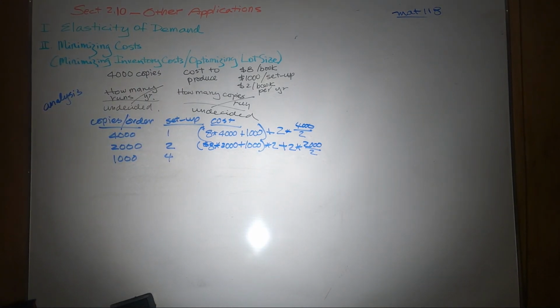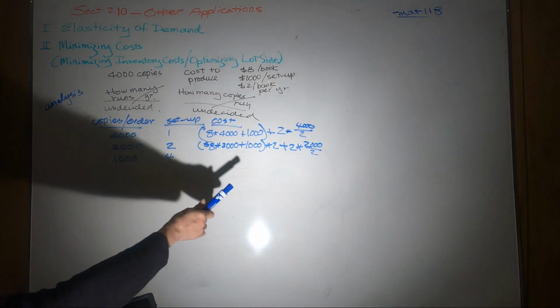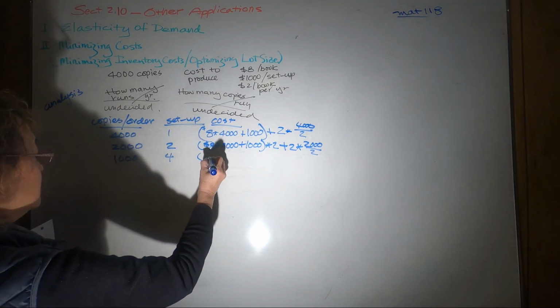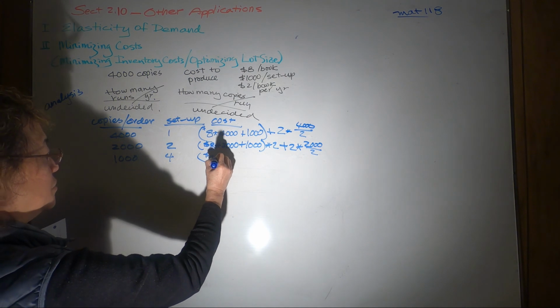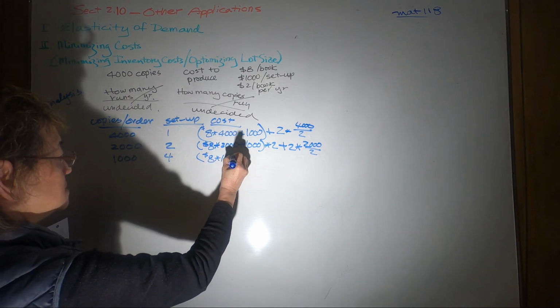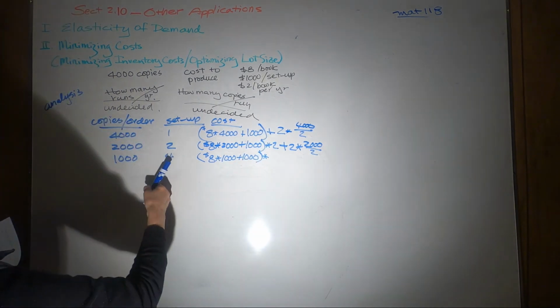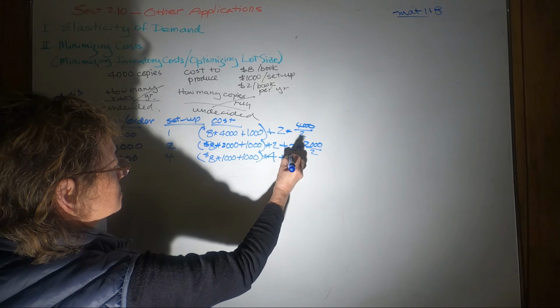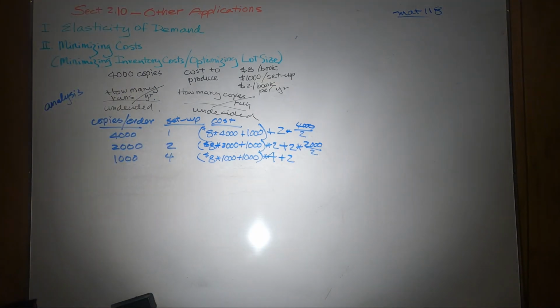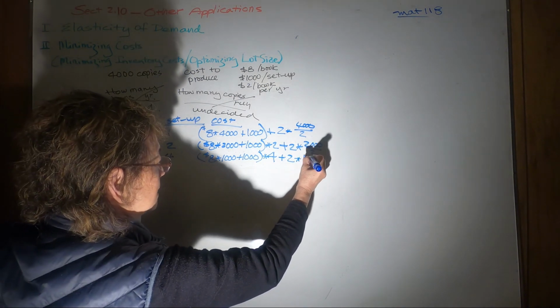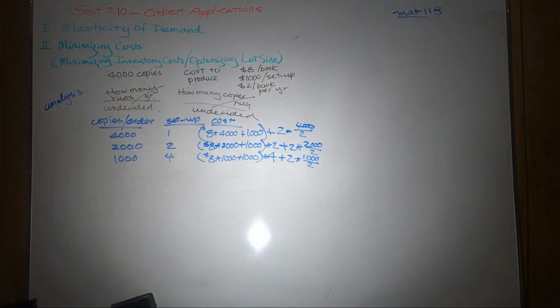Each time, say half a year, you only have 1,000 books on average. For 1,000 books per run, you times 1,000, then plus $1,000 setup, how many times? 4 times. So plus storage, each book is $2 for 1,000 books, then average half of it. Got it?